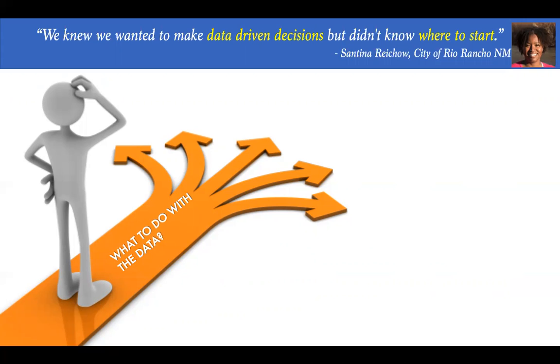And up at the top in that banner is Santina, who used to work on the client side for the city of Rio Rancho, New Mexico, and their implementation, and then came to work for us. As she was reflecting on her experience when she was in your exact position where you are right now, she reflected, she had this eagerness and excitement and enthusiasm to put this data to use, but it wasn't crystal clear exactly what road she might take.